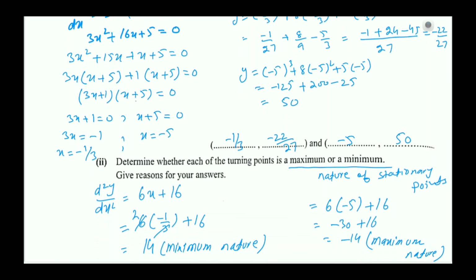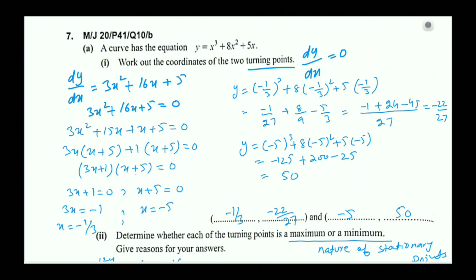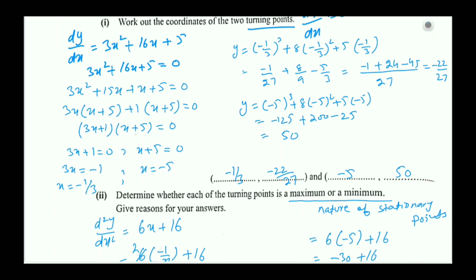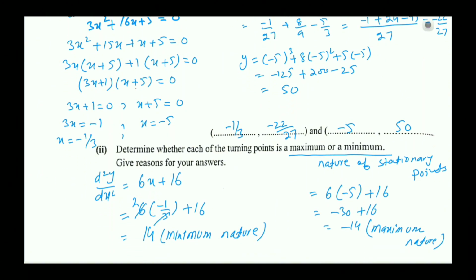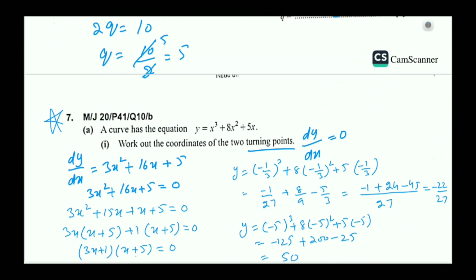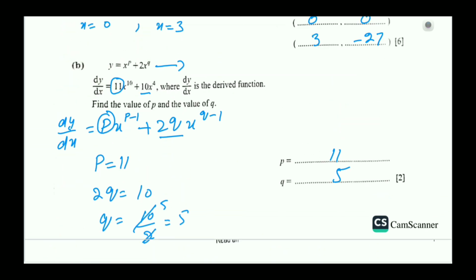So this is the way how you can complete this question. Question number 7's type is an important type. So the first part can be to find the coordinates of turning or stationary points, and the second part can be to tell the nature of stationary points, minimum or maximum point. So this is the way how you will solve these derivative or differentiation questions.